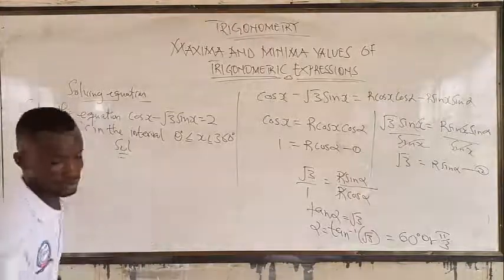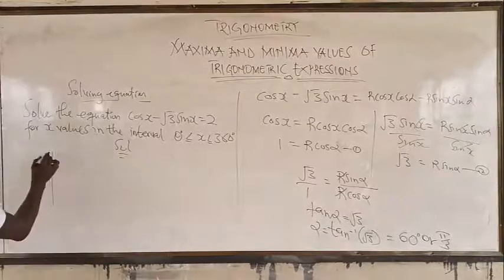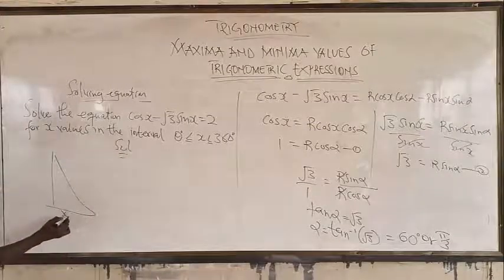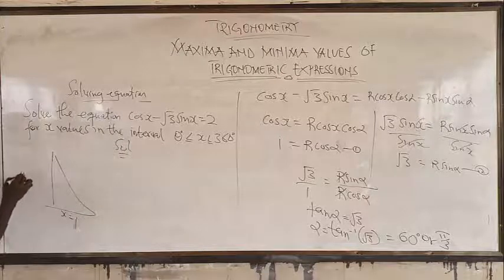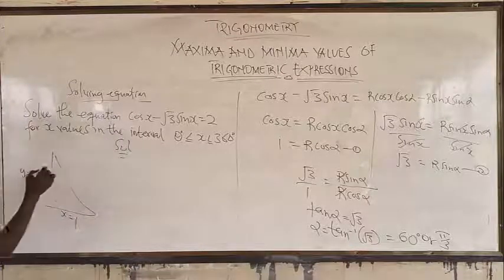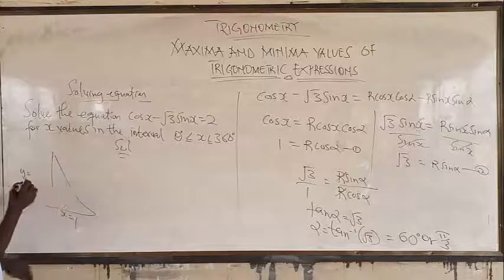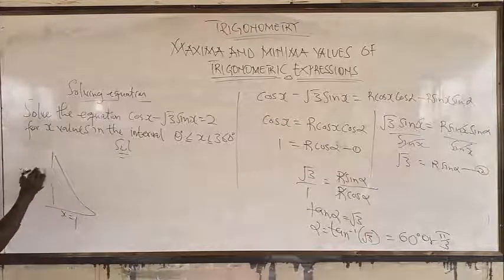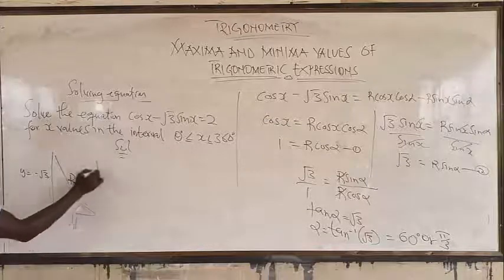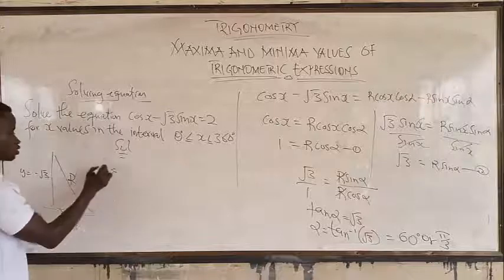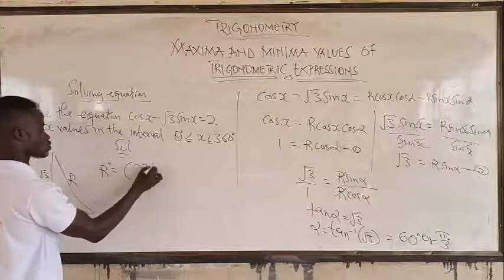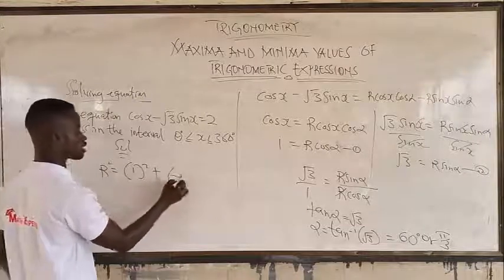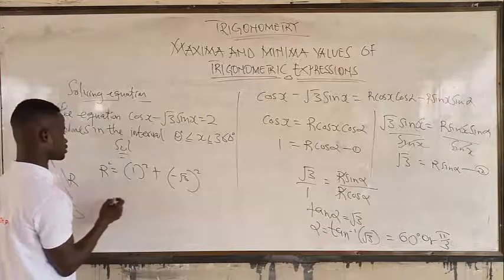So after that, you go for your r. The coefficient of cos is 1. The coefficient of sine is, you can see, negative square root of 3. And then r. So r square will be equal to 1 square plus negative square root of 3 all square.